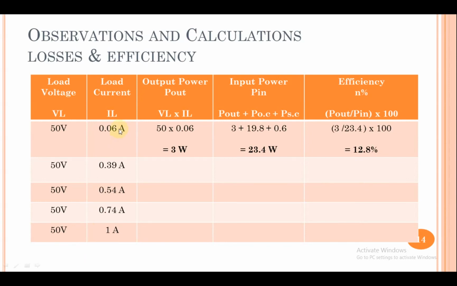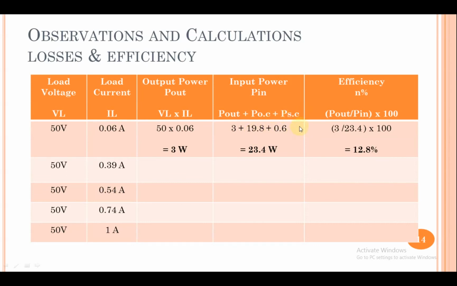This is the load current which we took during the short circuit test, and then the output power is calculated by multiplying the load current with the voltage, which is 3 watts. The input power is calculated as output power plus the open circuit power loss, which was attained using the open circuit test.